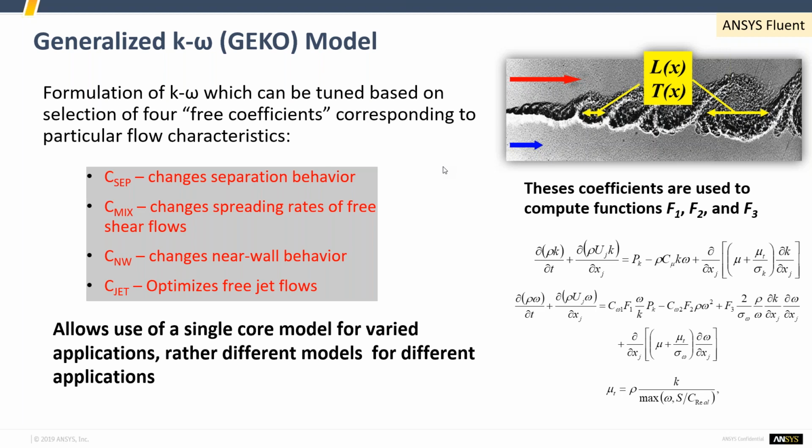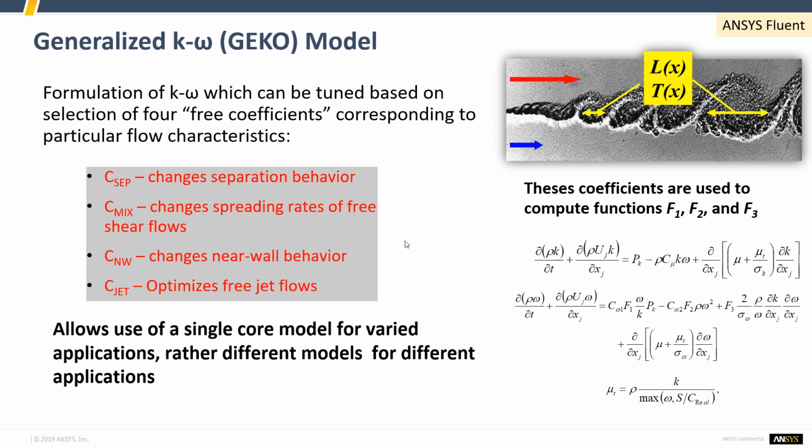But now we have these four free coefficients, as they're called, that you can change to change the behavior of the turbulence model. So you can change separation or spreading or near-wall behavior and some optimized free jet flows. And of course, there are further explanations in the help about these coefficients.